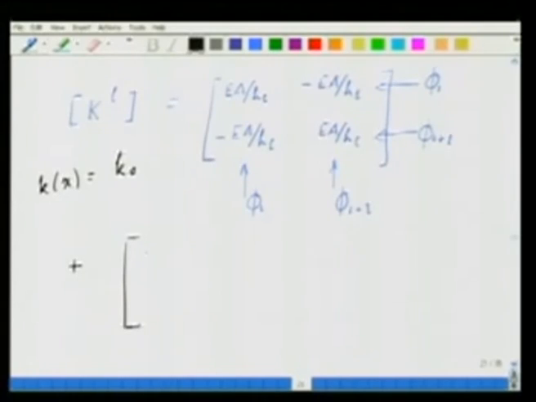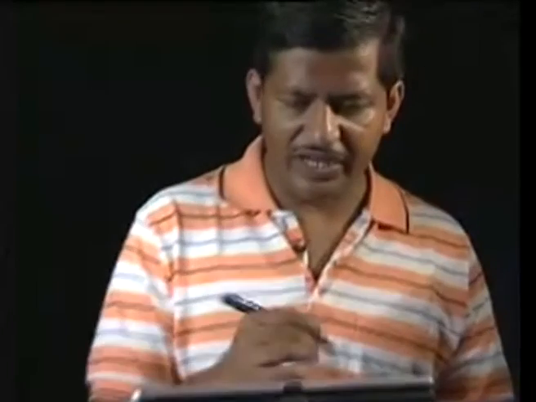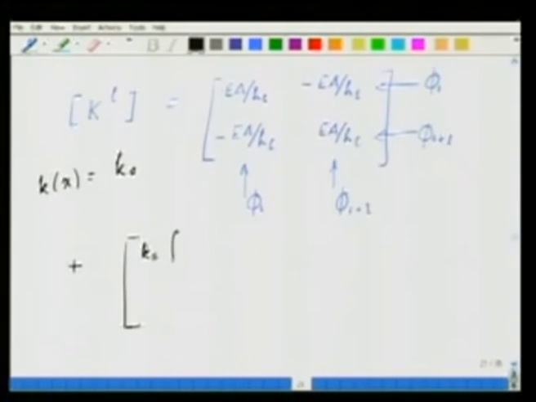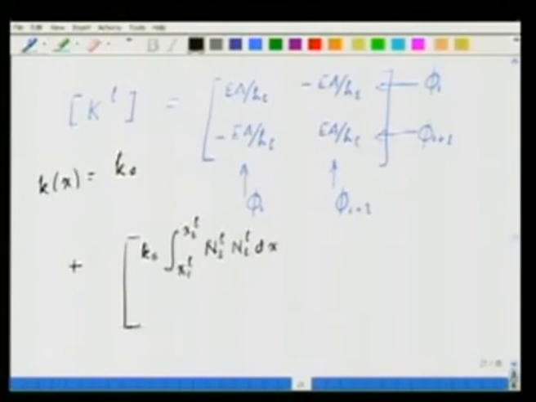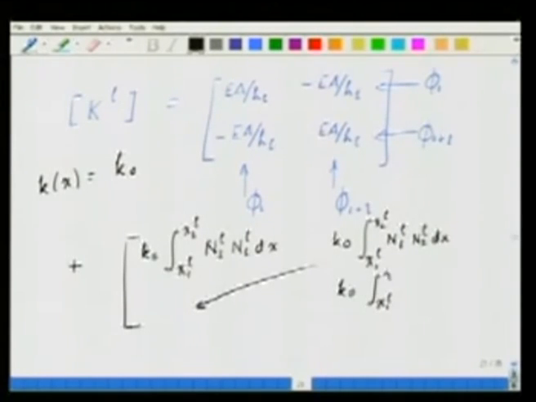So we are going to add k0, if I integrate out, into integral x1 of L to x2 of L, n1 of L into n1 of L dx, k0 integral x1 of L to x2 of L, n1L, n2L dx, and this will repeat here, and here we will add k0 integral x1 of L to x2 of L, n2 of L, n2 of L dx.